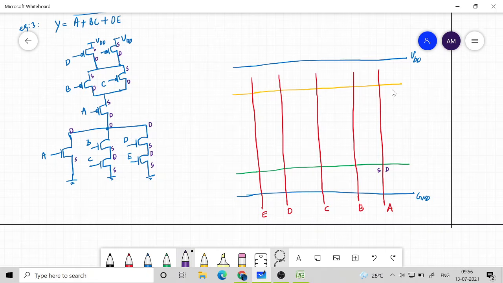The source of A has to be connected to ground. If I connect this to the ground, then if you say that this is B, that will be a problem, because B doesn't have any ground connection. B has to connect to the drain of A, and its source should be connected to the drain of C. So the way in which we have ordered this gate terminal will not be proper.